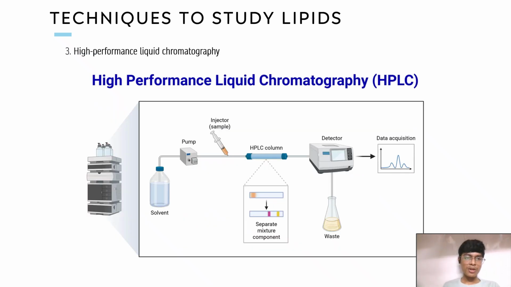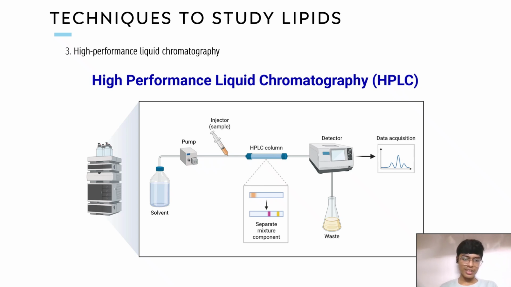Now let's talk about another one, which is HPLC, high performance liquid chromatography. HPLC is the most commonly used method for the separation of lipids and their analysis, and it gives an accurate analysis of the lipids. In HPLC there is an HPLC column made up of silica gel in very compacted form.